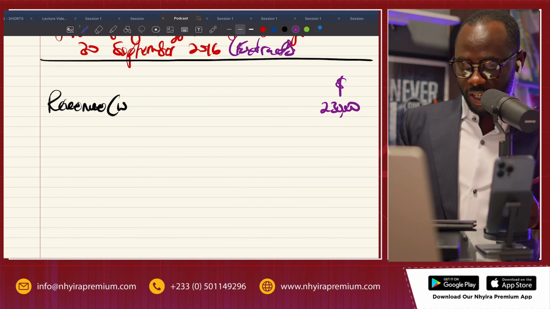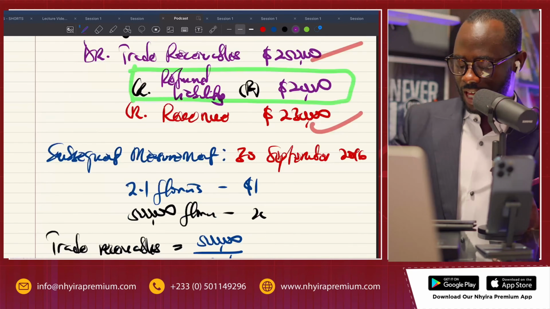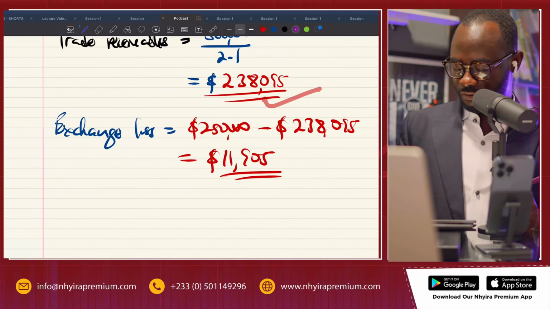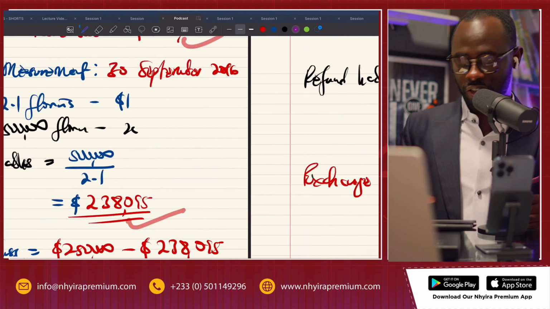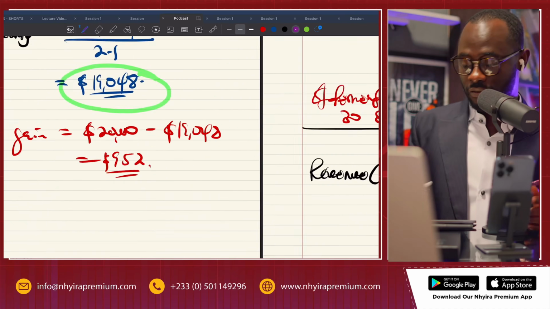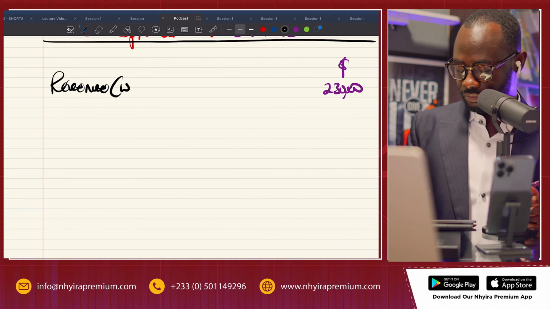Then we bring in the other items that must come in the P&L account. The first one will be the exchange loss on the trade receivables, then the exchange gain on the refund liability.